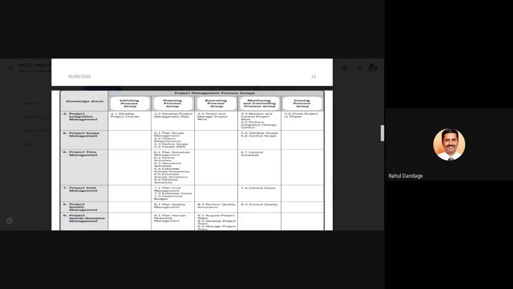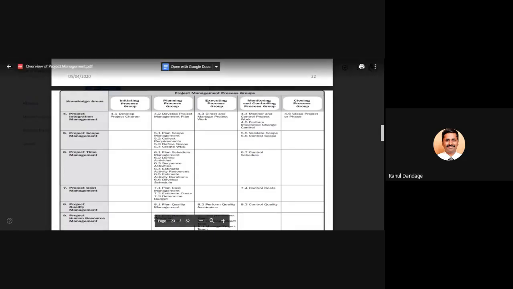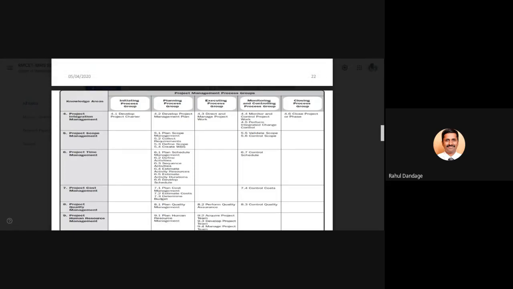And these activities, according to the type of activity, have been grouped under the various process groups of your project management. Correct? So you can see develop project charter is involved in project integration management, and also it is involved in the first process group, that is the initiating process group.